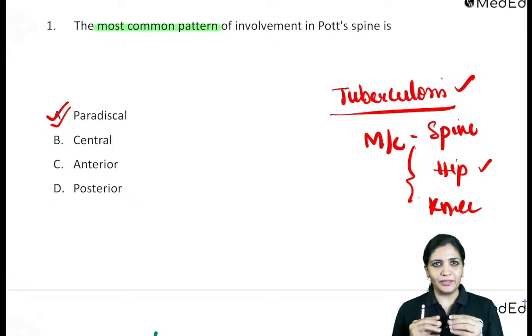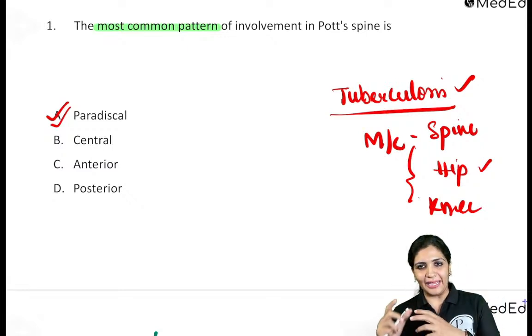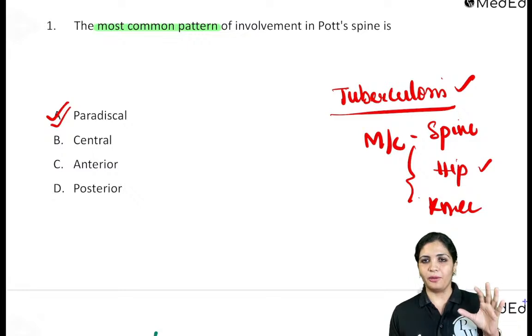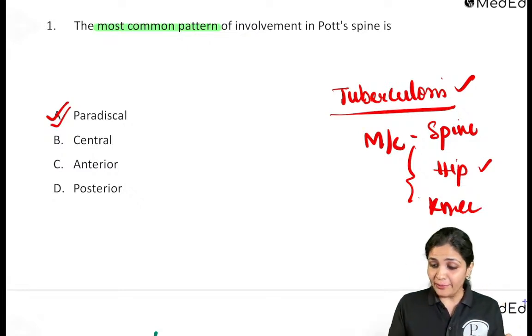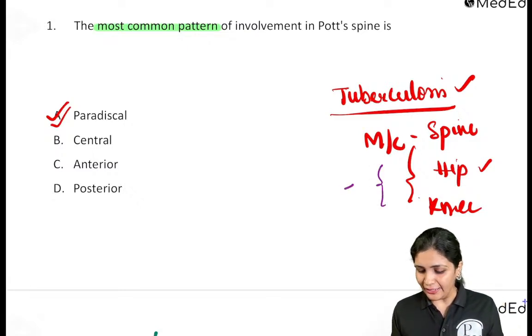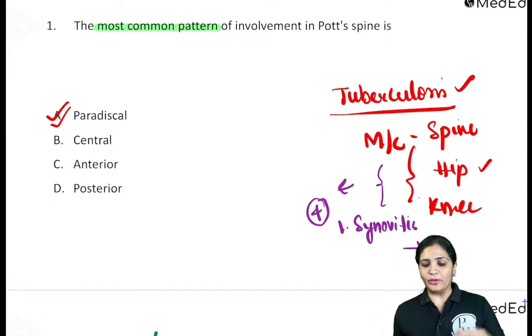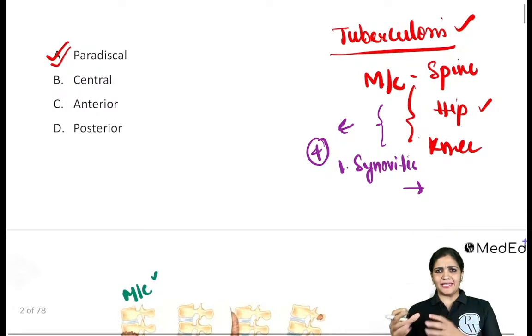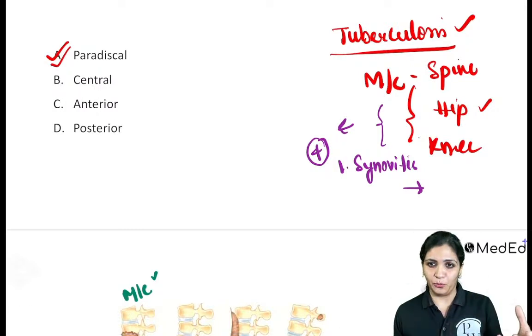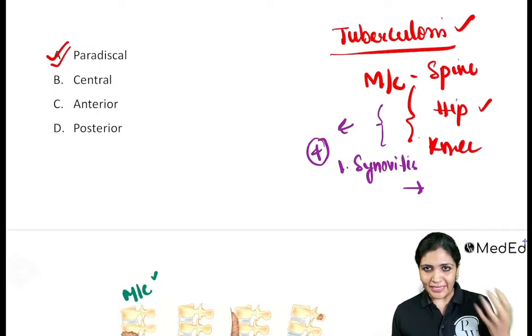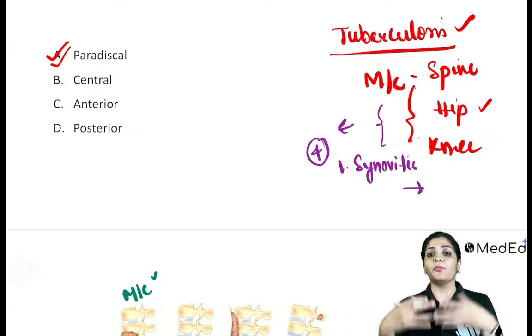So we have understood that the most common site of tuberculosis in orthopedics is the spine, followed by hip and then knee. Now coming to hip and knee, quickly we will revise. There are 4 stages, right? It always starts with the stage of synovitis, which is inflammation of the synovium. Whenever the synovium is inflamed, it secretes more fluid.